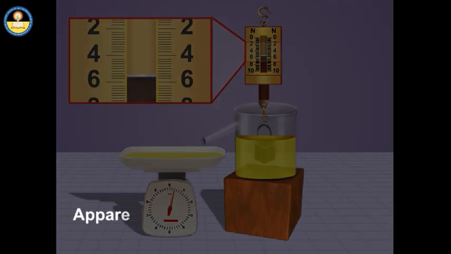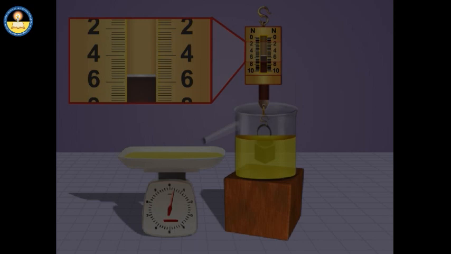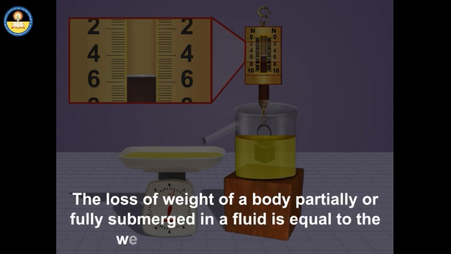Hence, the apparent loss in weight of the body is equal to the weight of the liquid displaced by the body. Therefore, the Archimedes principle can also be stated as: the loss of weight of a body partially or fully submerged in a fluid is equal to the weight of the fluid displaced.